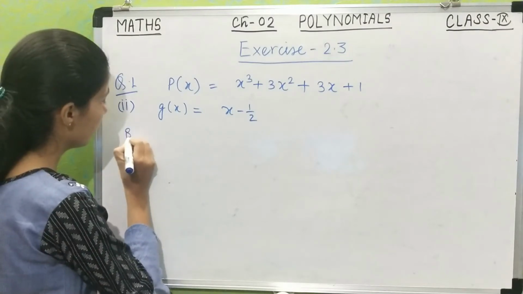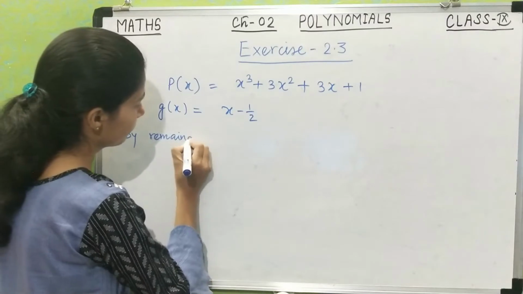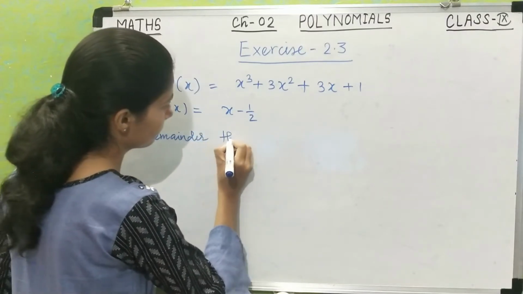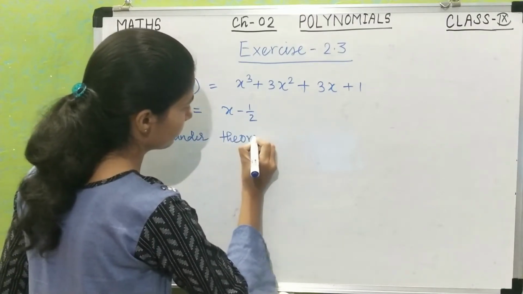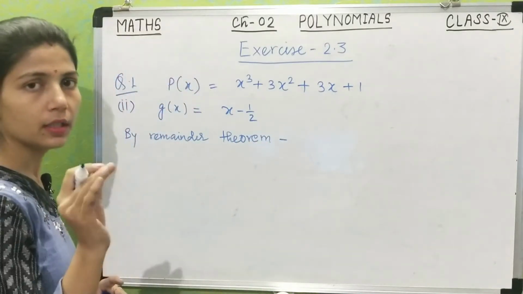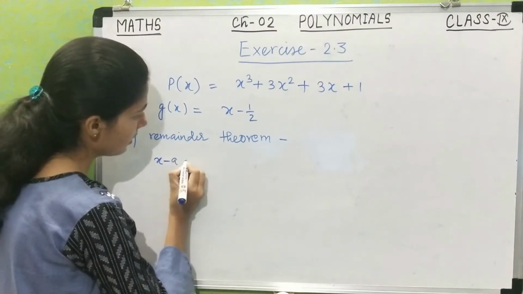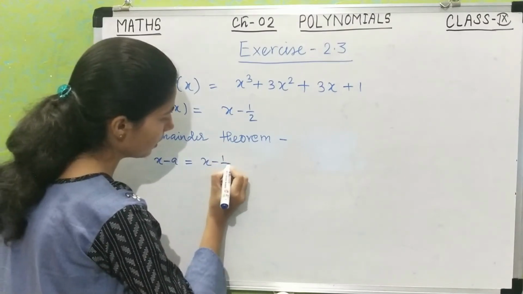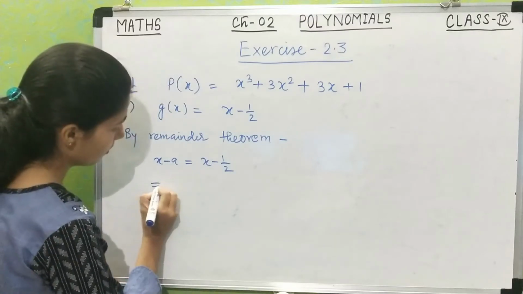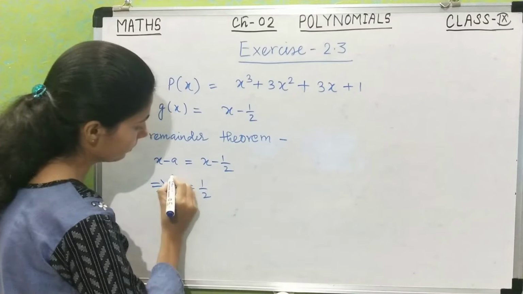So we will write it by remainder theorem. First you have to find the real number a. Here x minus a is x minus 1 by 2, so from here a will be 1 by 2.